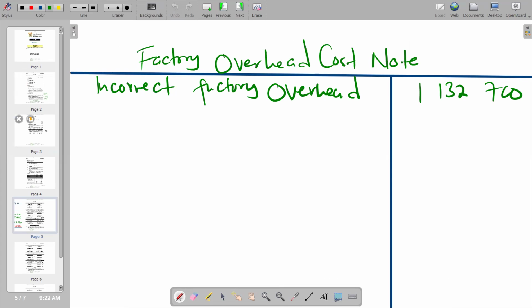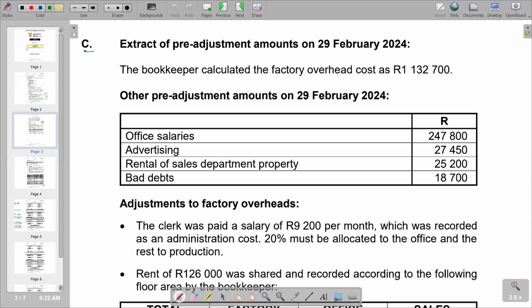Then from there we can now make the adjustments, whereby we are given salaries, advertising, rates of sales department, property, bad debts. Then on the adjustments of factory overheads, we are told that the clerk was paid a salary of 9,200 per month, which was recorded as an administration cost. 20% must be allocated to the office and the rest to the production.